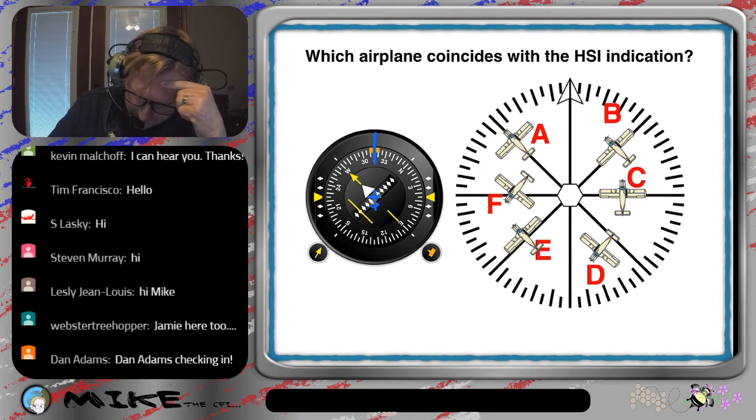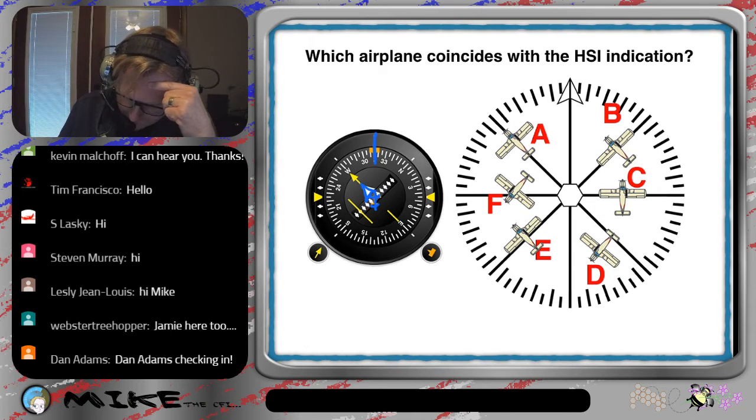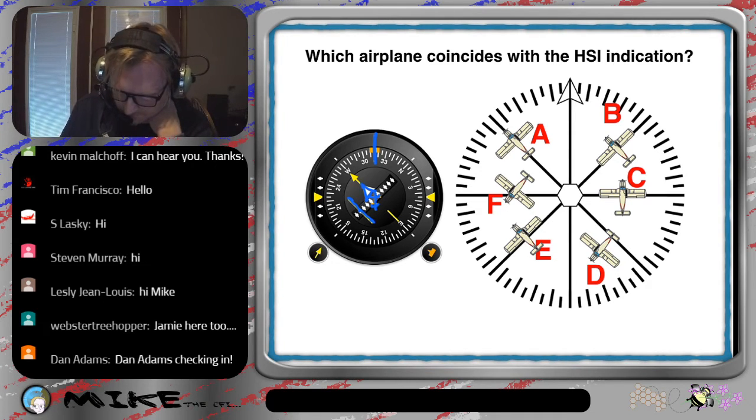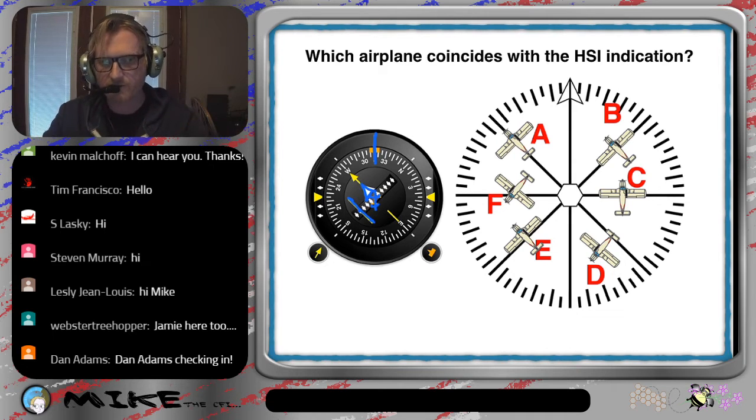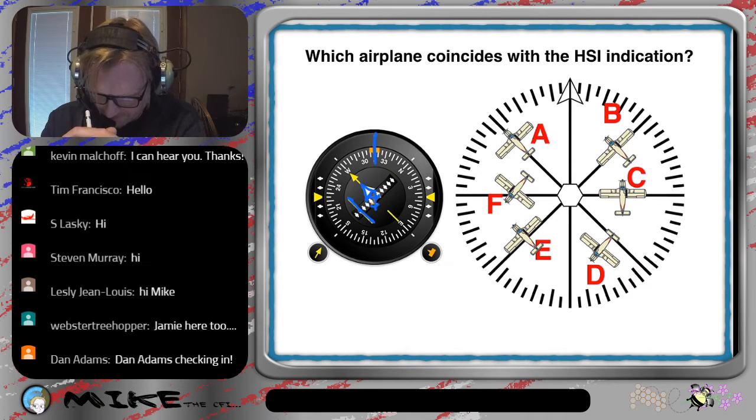And what this is telling you is that the VOR is generally to your left and your course line is to your left, and it looks like you are flying away from your course line. Again, if you pretend that that's laying down on the ground, like drawing it out in a sandbox, then you are flying away from your course line, and the VOR is about your 10 o'clock position to the west.